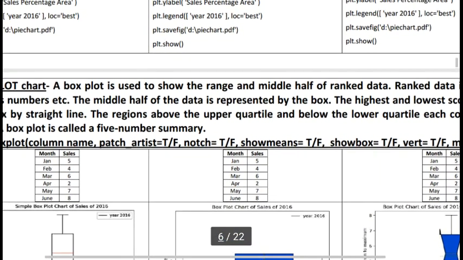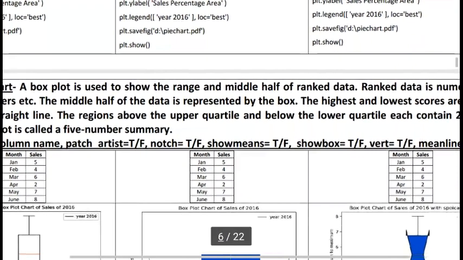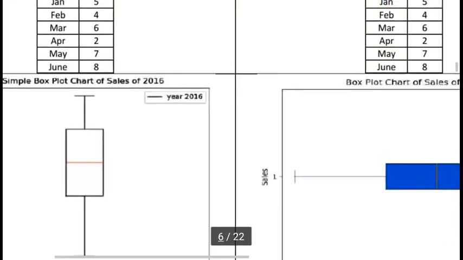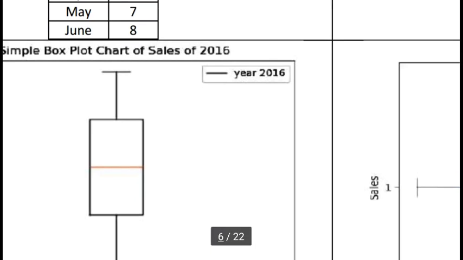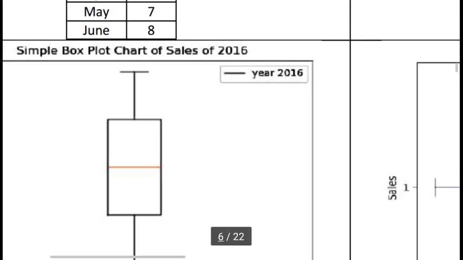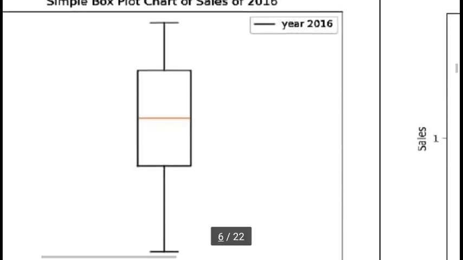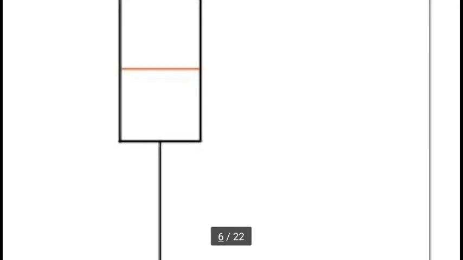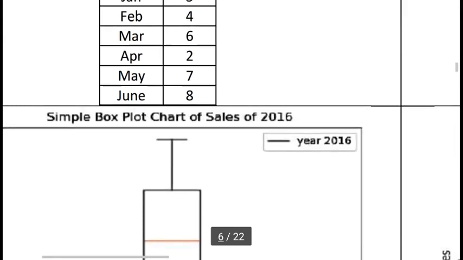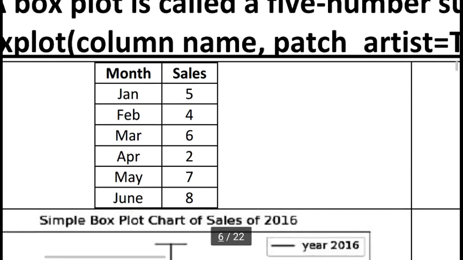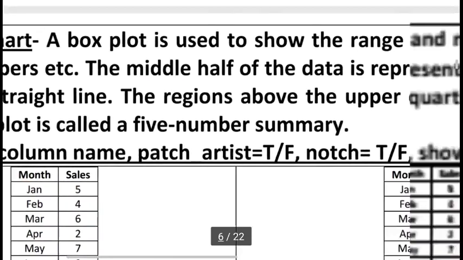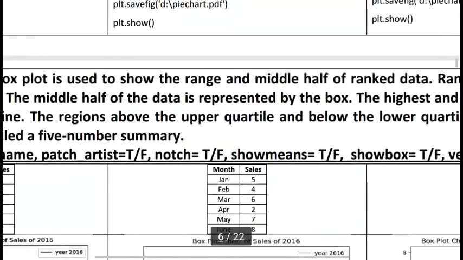Range means minimum, average, maximum. Middle half of data means, you can see in the chart, inside a line, 50% below data and 50% above data. You can easily understand. So middle half of ranked data.